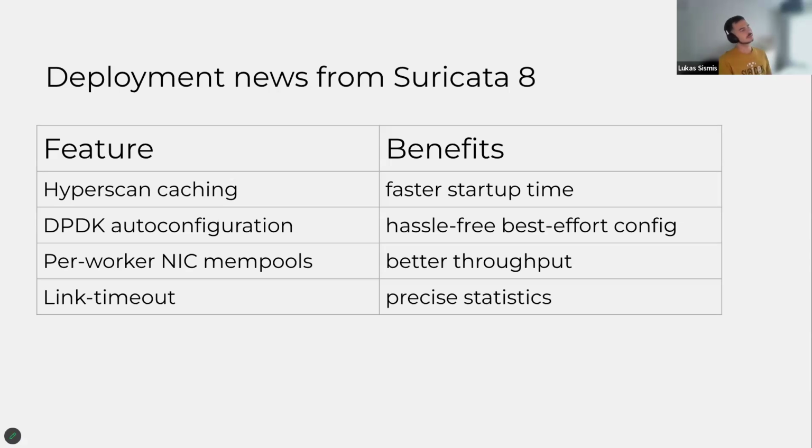The performance update is mainly that previously we had one mempool per interface. Now we have a separate mempool for each worker. And then just a minor feature for better statistics, the link timeout feature, especially for the Intel cards.